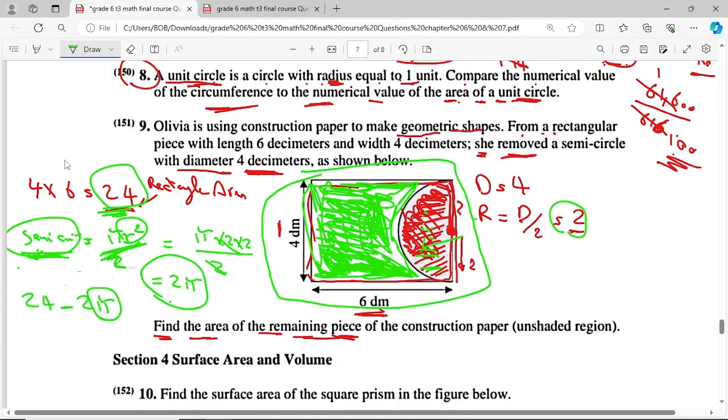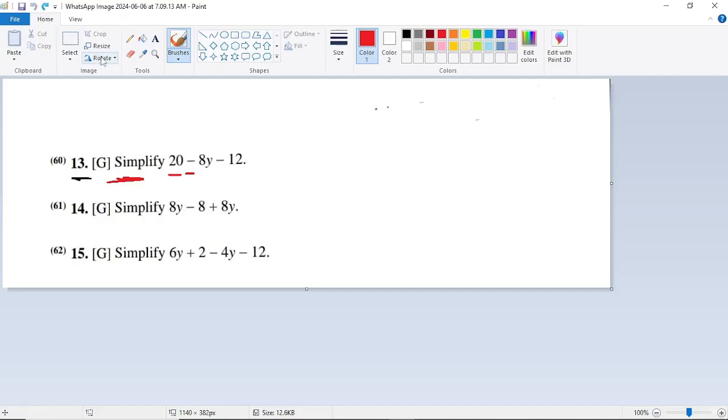So 24 minus 2 multiplied by 3.14, which will be equal to 6.28. So now 24 minus 6.28 will be equal to 17.72 decimeter square. Okay?